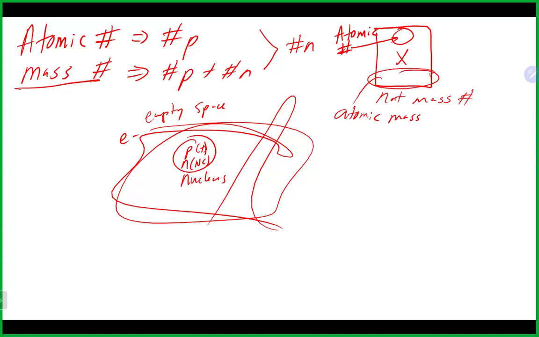There is some electrostatic attraction, opposite attraction, between the negatively charged electrons and the positively charged nucleus, and that's what keeps the electrons from flying off. As we will talk about, that is also why certain electrons are involved in bonding versus other ones that are not, based on their location relative to the nucleus.